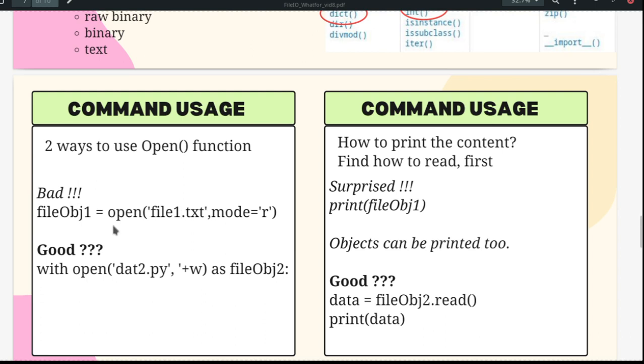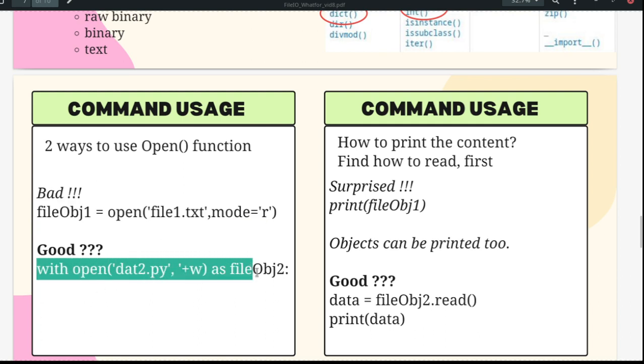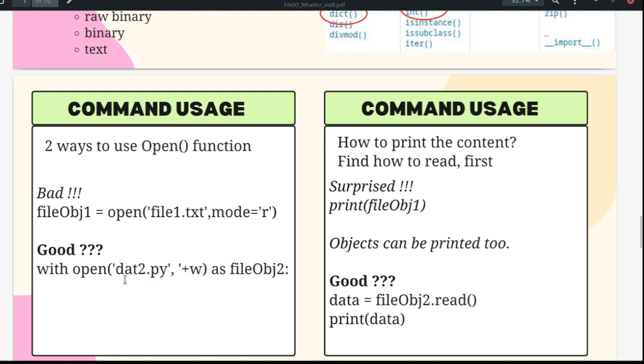To avoid this complication, don't use this method at all. Forget it. What you need to do is use this syntax for opening the file object, or reading the file. When I say opening the file object, all I mean is reading the file.